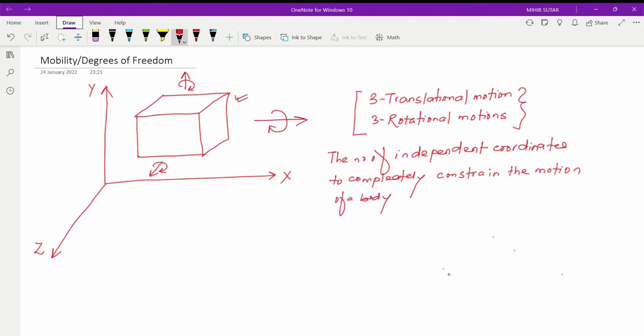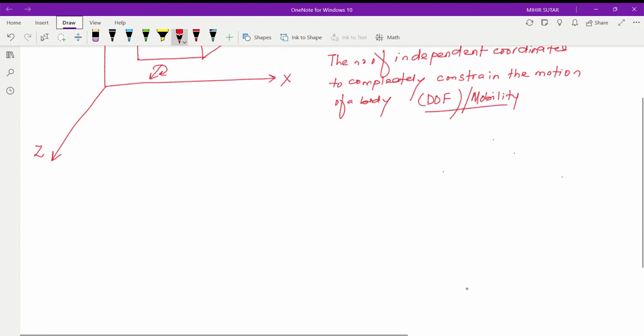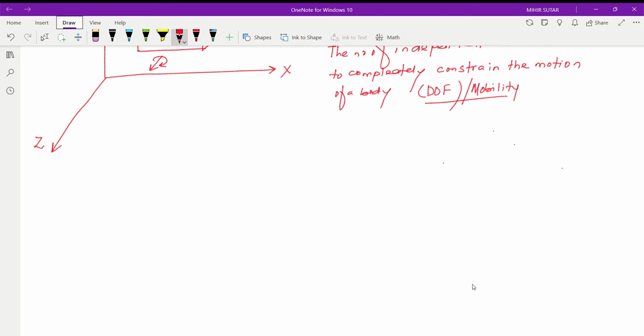In short, we refer to this as DOF, degrees of freedom. It is also known as mobility.